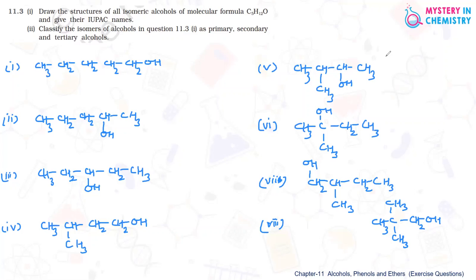Now come to their IUPAC names. For the IUPAC name, first of all, select the longest carbon chain. It is pentane, and number it in such a way so that the carbon containing OH should get the least number. So first one should be 1-pentanol. Second should be 2-pentanol. Third should be 3-pentanol.